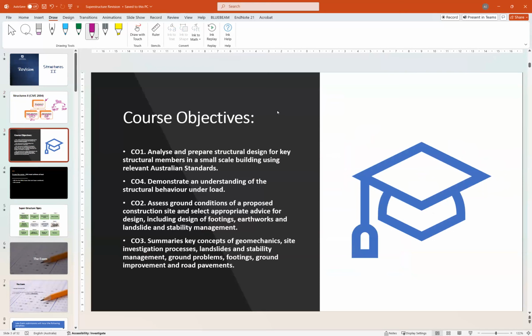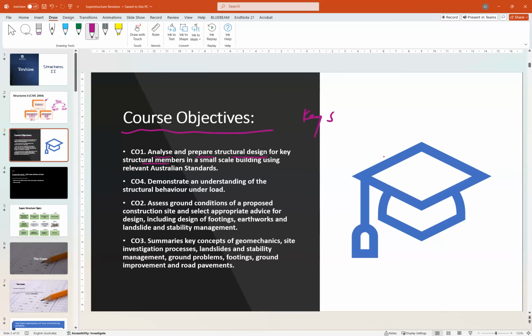Okay. The course objectives are CO1, CO4, CO2 and CO3. The course objective includes the analysis and preparation of structural design for the key structural elements.